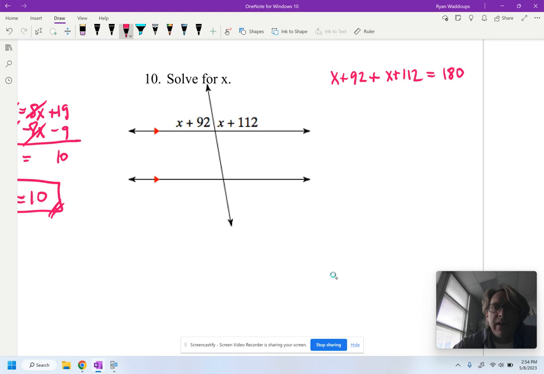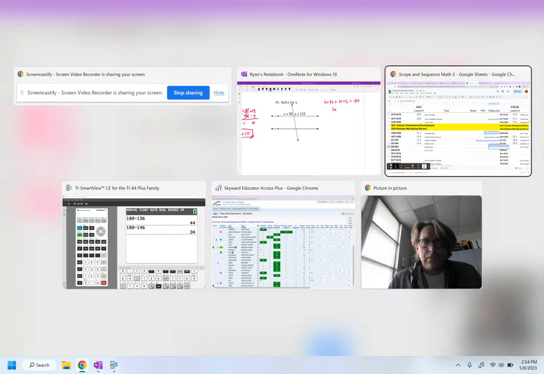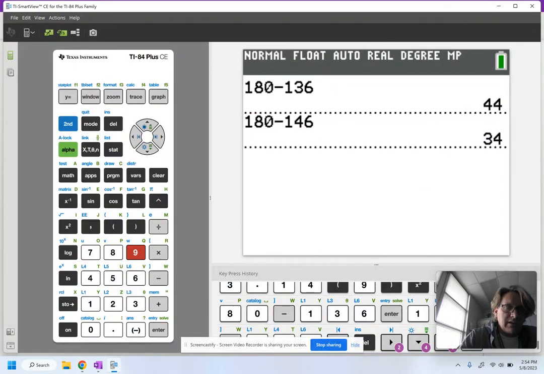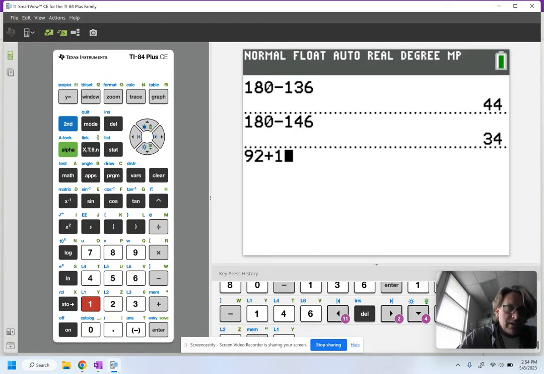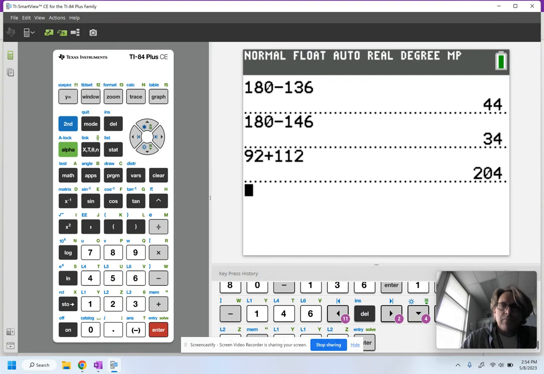And so we need to find the value of x that makes this a true statement. So x plus x is 2x, and 92 plus 112 is 204.